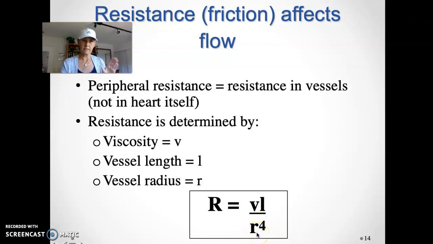And this is just the physics of it, right? You don't have to know how to derive the 4th power. It's just how it behaves. So any little change in radius is going to give you a huge change in resistance.